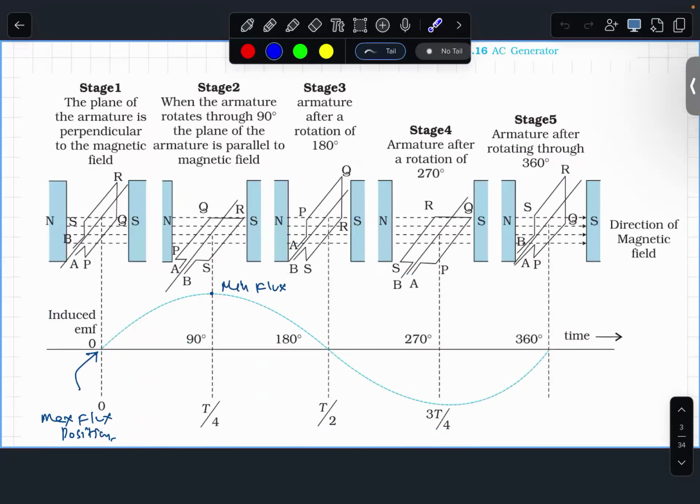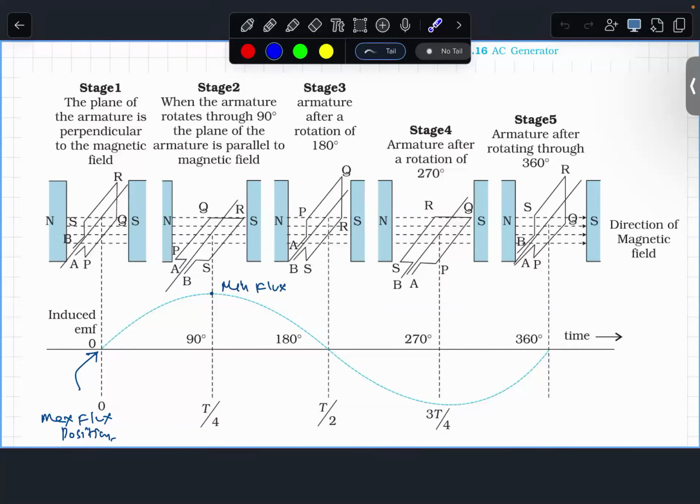Now, what is going to happen? Imagine that this is the initial status of the armature. What is the direction of the flux? Now it keeps rotating. Now it has turned through an angle of 90 degrees.